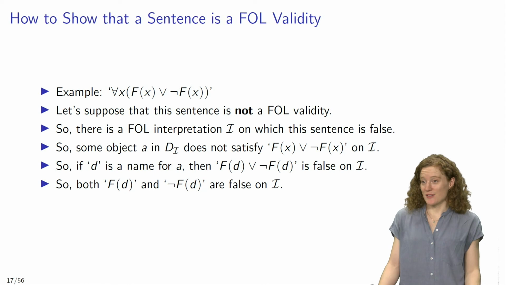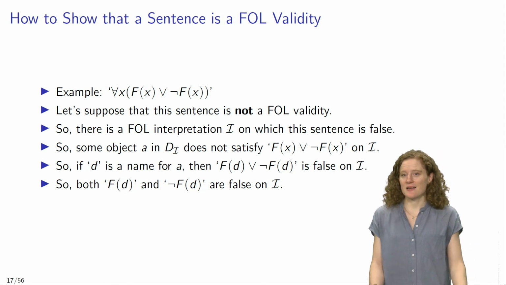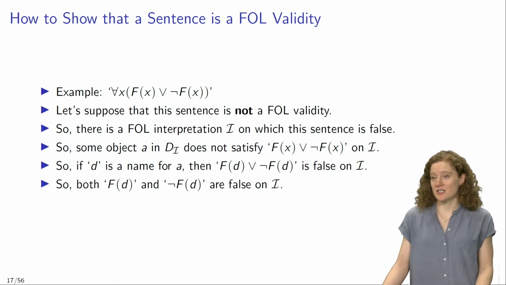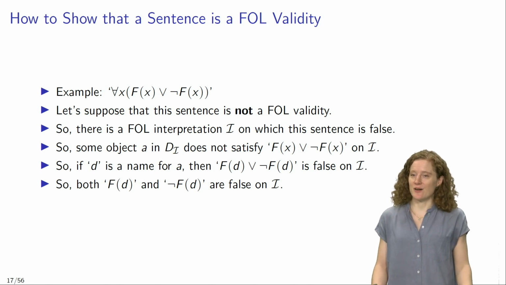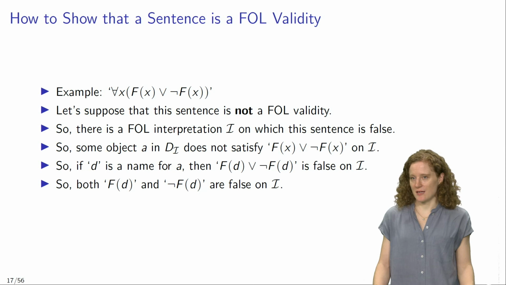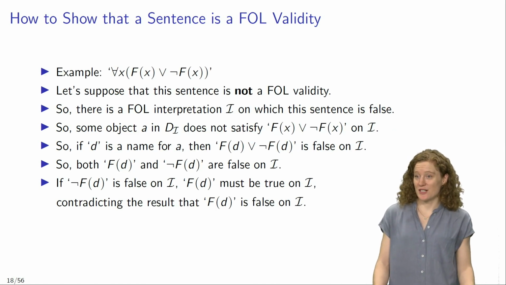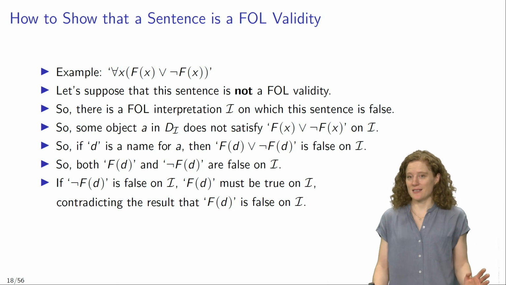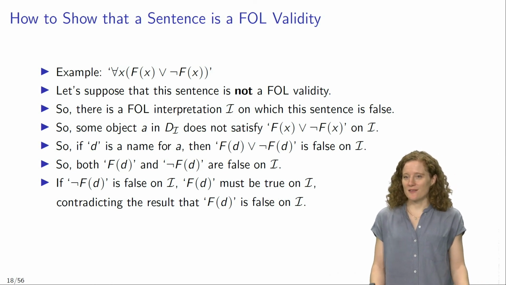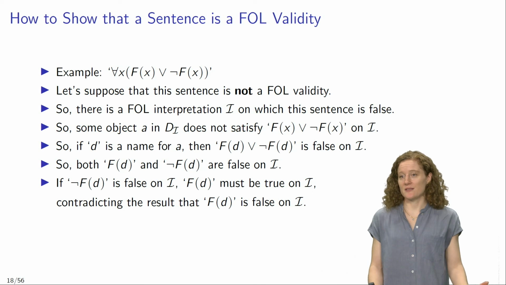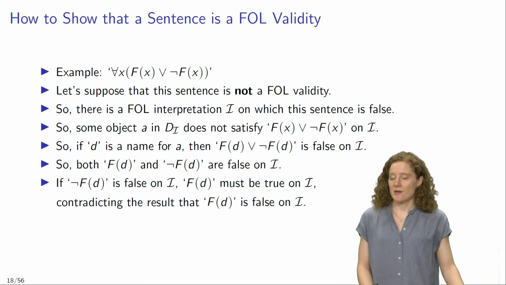Given the truth conditions for disjunctions, that means that both disjuncts must be false on I. So both Fd and not Fd must be false on I. But now, given the truth conditions of negated sentences, if not Fd is false on I, then Fd must be true on I. And this contradicts our earlier result, according to which Fd is false on I. So here we have a contradiction.